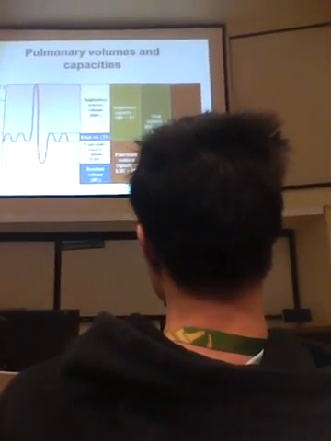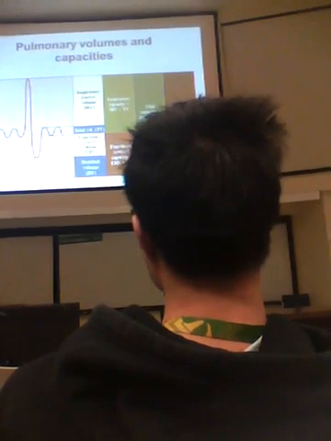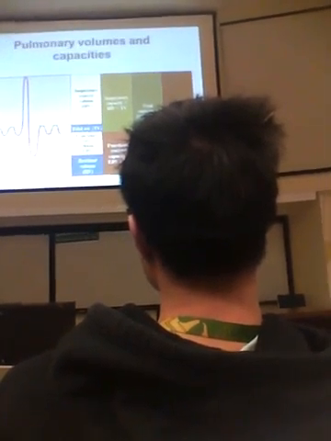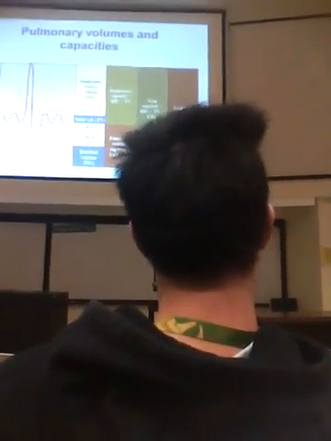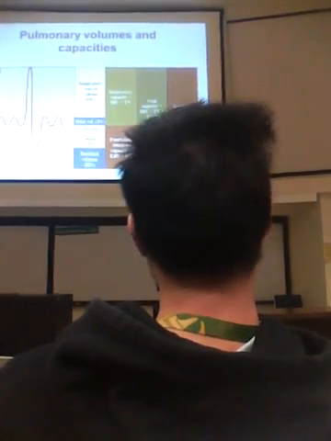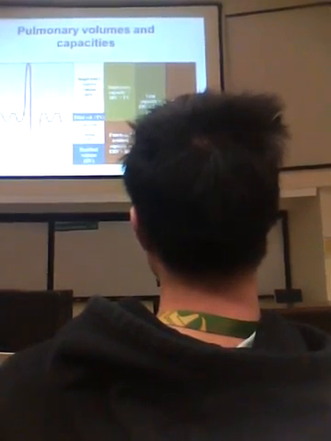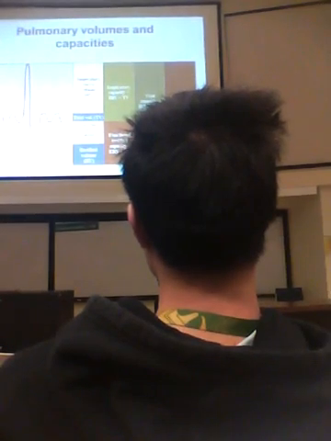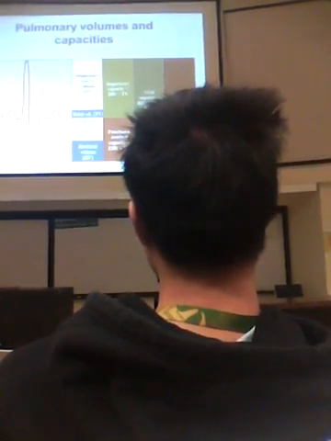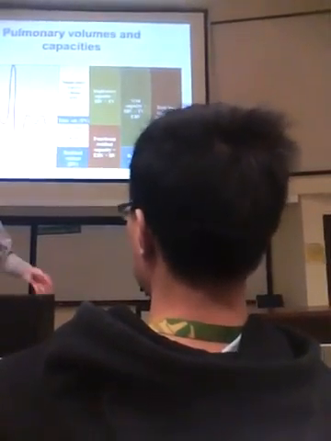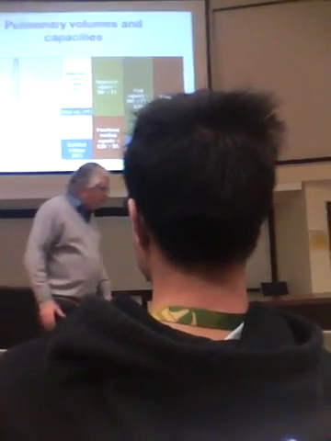In other words, the amount that you can expire above what you would normally expire in breathing, the expiratory reserve volume. And one thing you'll notice immediately is that even when you expire as far as you can, you never empty the lungs completely. There's always air left in the lungs. And that's called the residual volume.